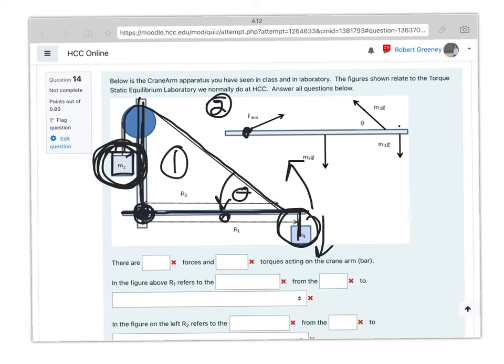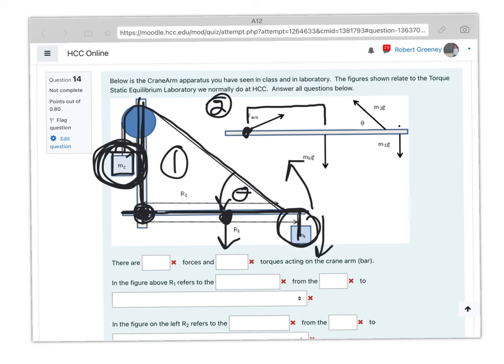And then we actually have the weight of the bar or the beam itself acting down here. And so what's not marked in the diagram is this distance from the axis to where the force acts, which is the weight of the beam itself. Even if there was no mass on either end, the beam would fall because it's not torque balanced.